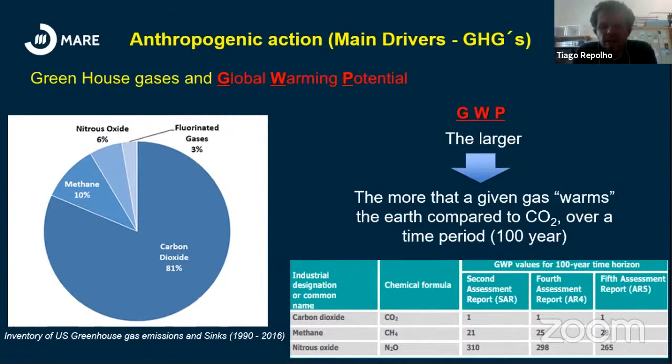So the larger its value, the more that a given gas warms the Earth in comparison always with CO2 over a time period. For you to have an idea, methane has a GWP of 28, nitrous oxide around 265.